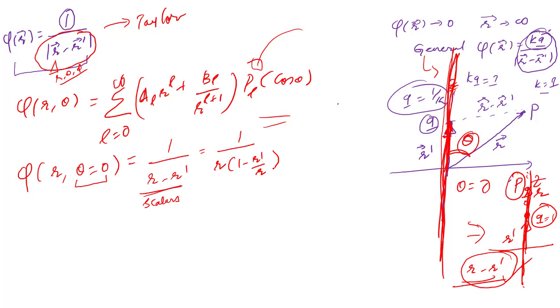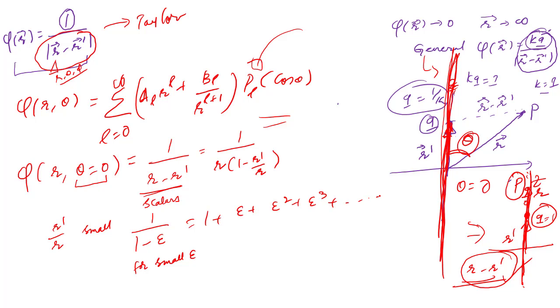And if r prime by r is very small, then we know from Taylor expansion that if you have something like 1 over 1 minus epsilon, for small values of epsilon, you can write this as 1 plus epsilon plus epsilon squared plus epsilon cubed, and so on and so forth.